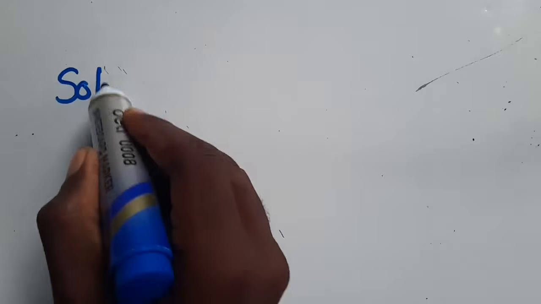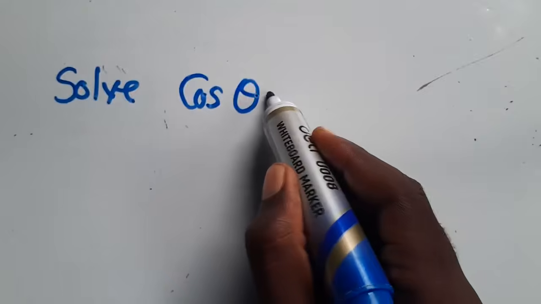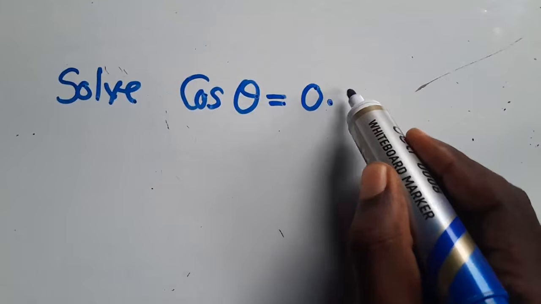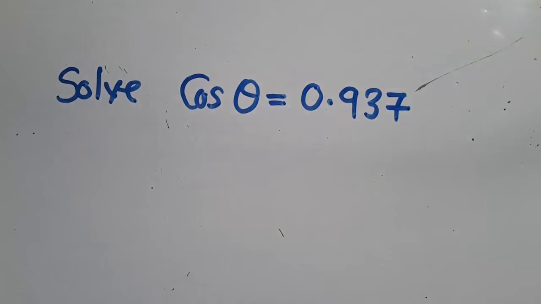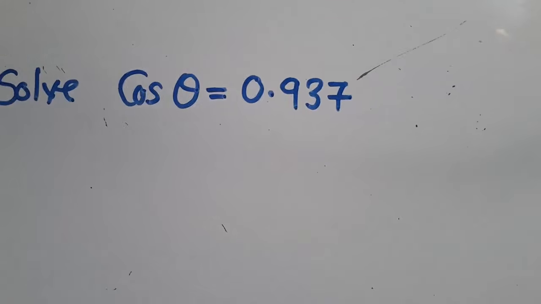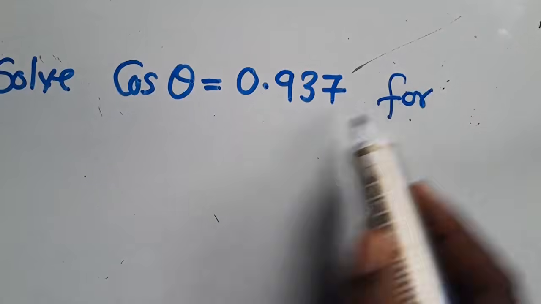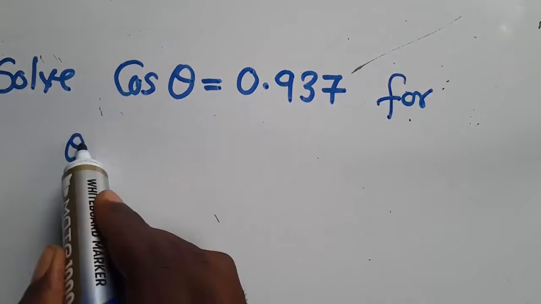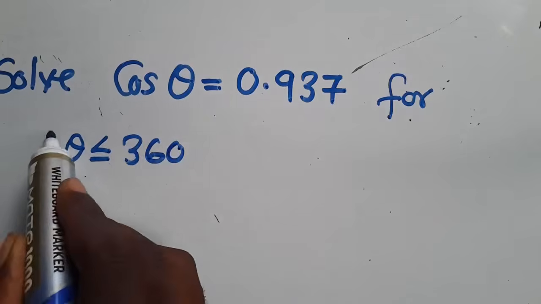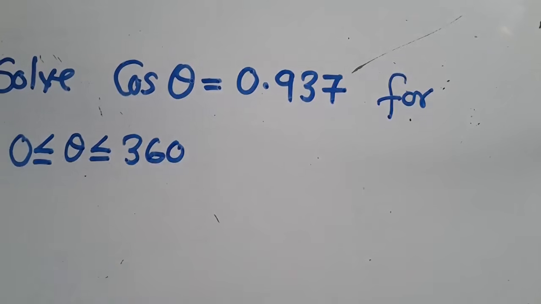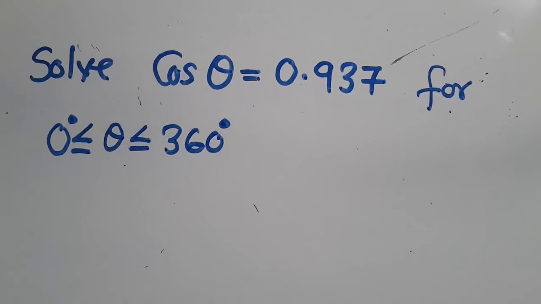You are given cos theta equal to 0.937, for theta less than or equal to 360 and greater than or equal to 0 degrees. This is a complete turn.